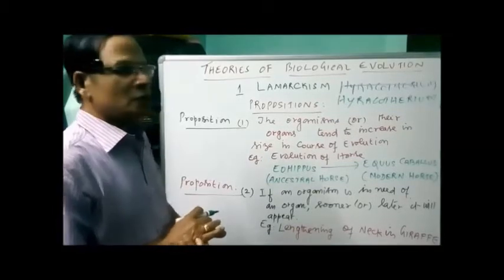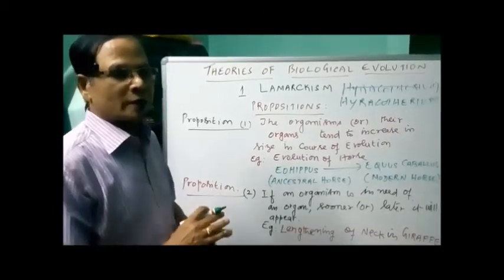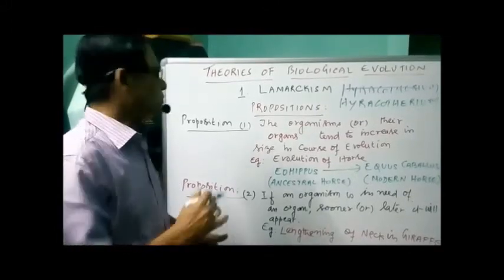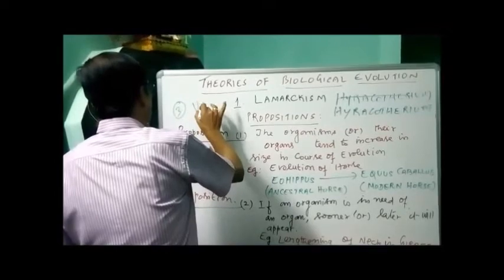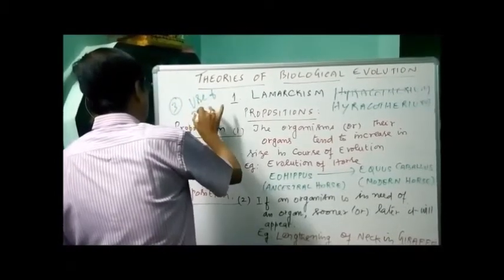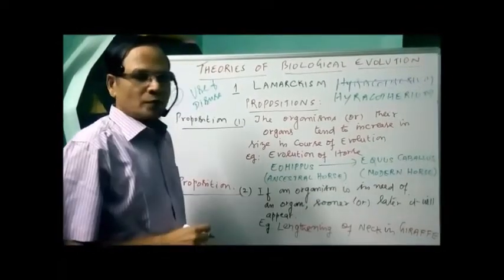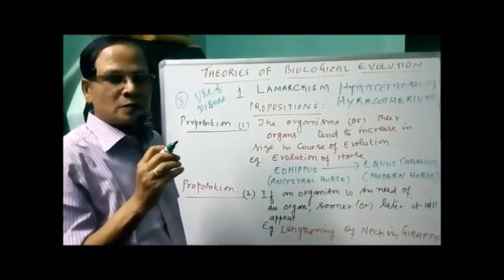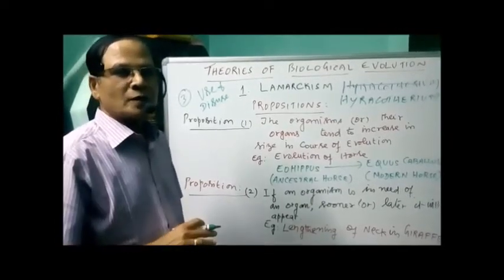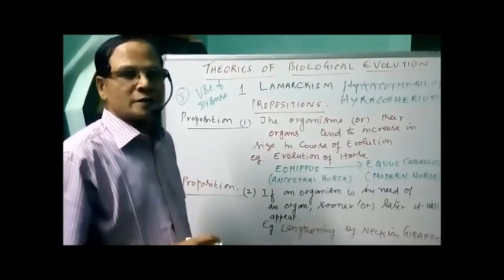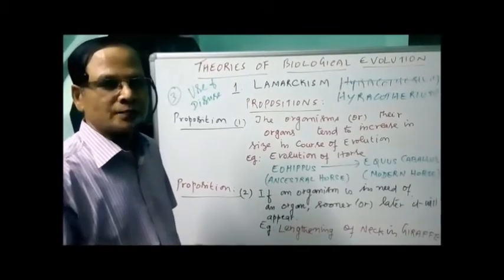The third proposition is called use and disuse of organs. What is the meaning of use and disuse of organs? If an organism uses one of its organs continuously, its efficiency increases, its perfectness increases, its size increases.